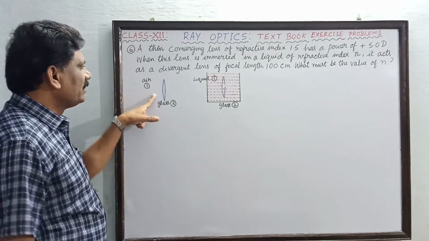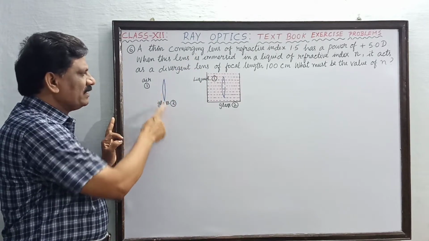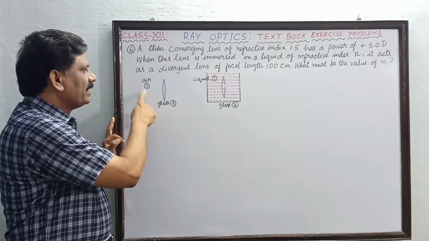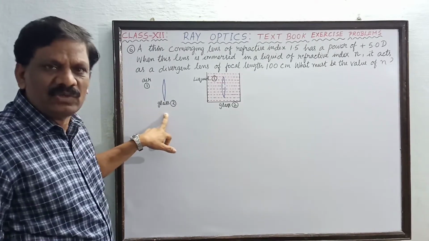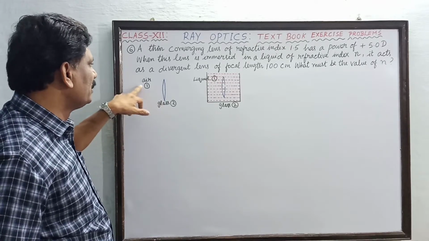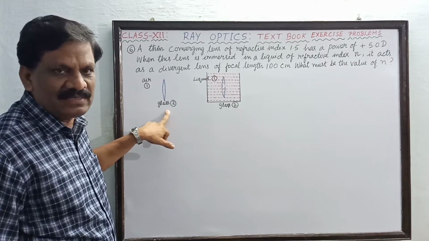You can see here the first situation is a convex lens made of glass kept in air, so the light travels from air to glass. So in the first situation, medium 1 is air and medium 2 is glass.